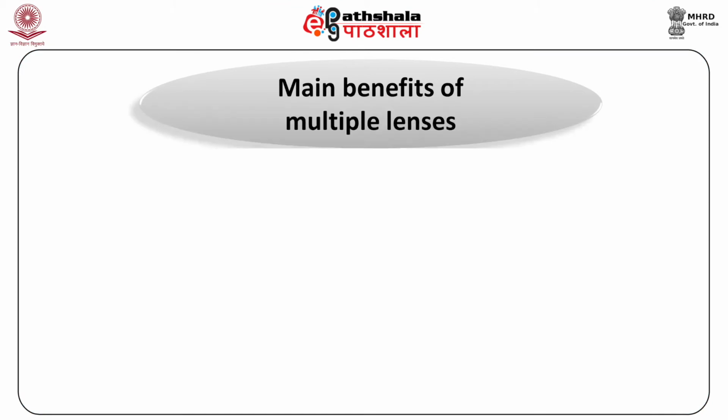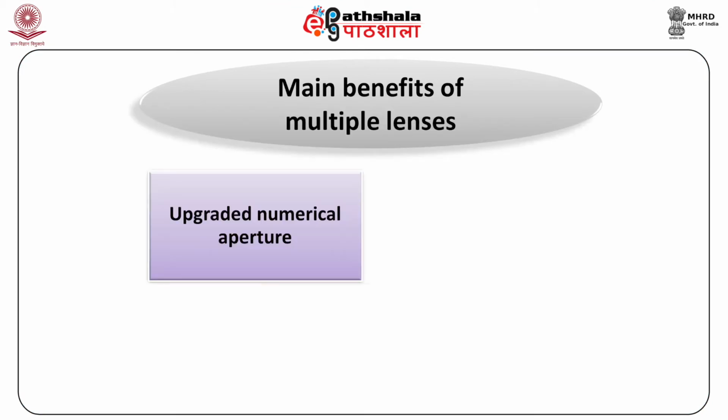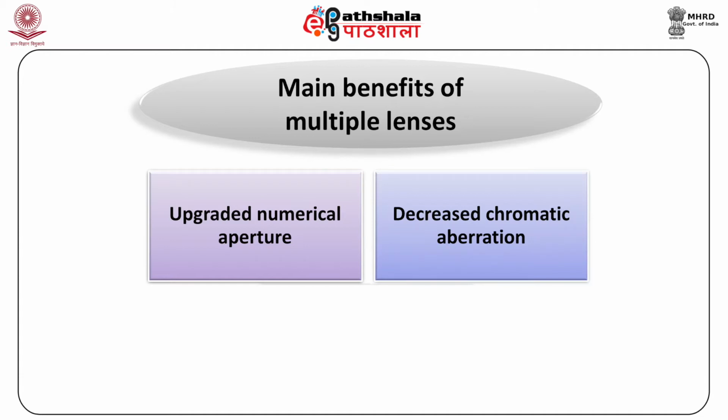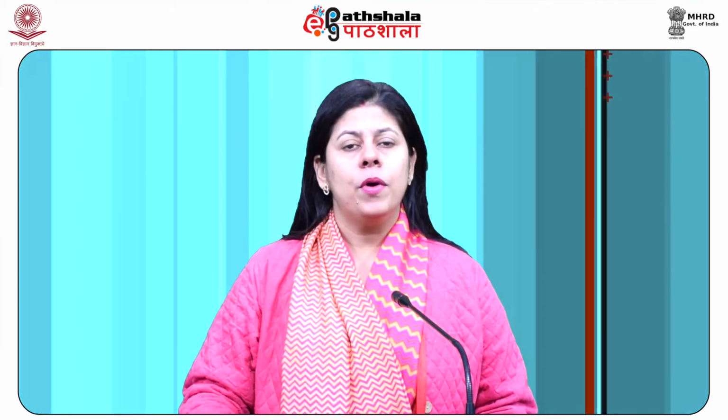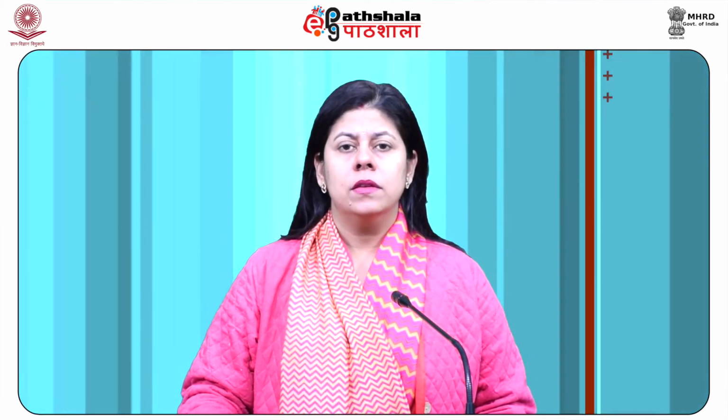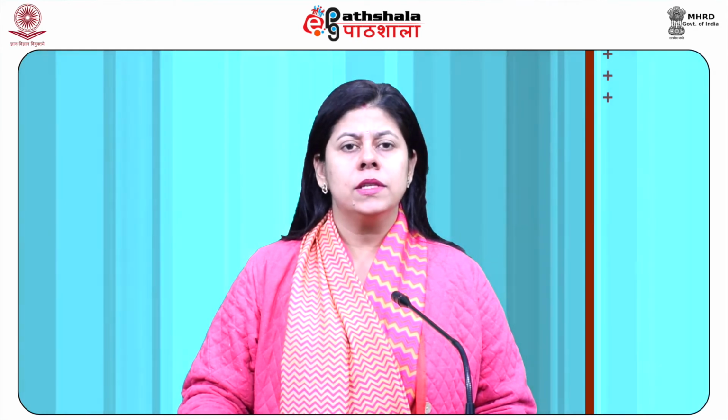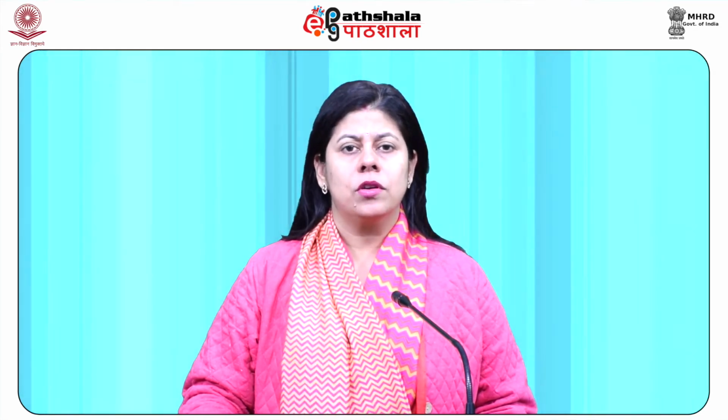The main benefits of multiple lenses are improved numerical aperture, decreased chromatic aberration and exchangeable objective lenses to modify the magnification. A compound microscope also makes more advanced illumination setups, such as phase contrast, possible.